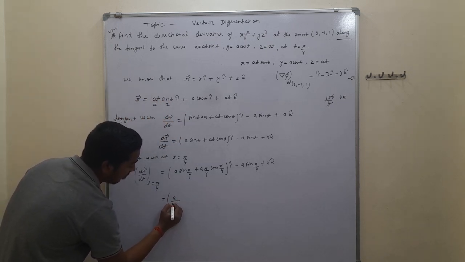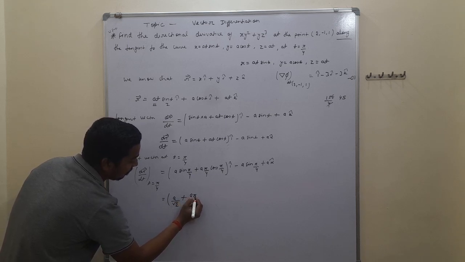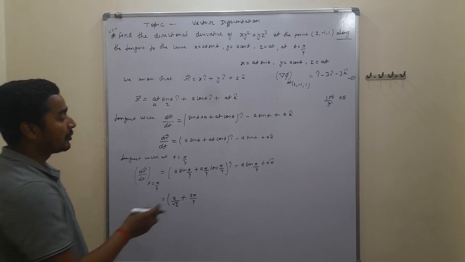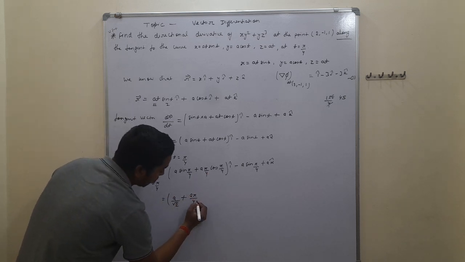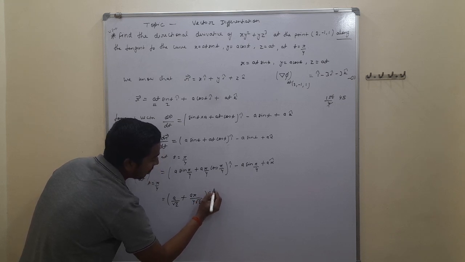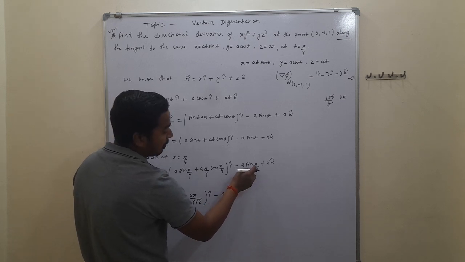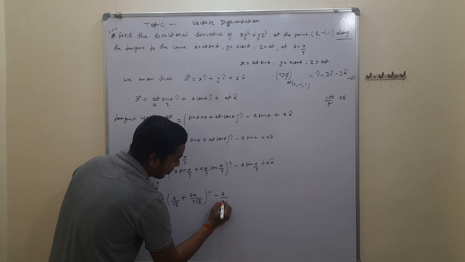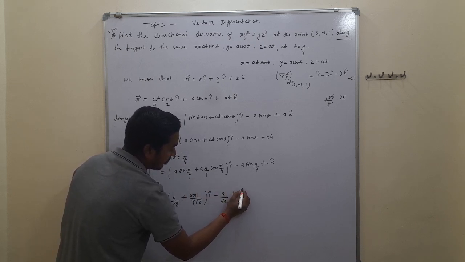So we write a upon root 2 plus a into pi upon 4, and we also know that the value of cos 45 is also 1 upon root 2. So we write 4 root 2, and this is i cap, and minus, here we put sin 45, the value is 1 upon root 2, so we write a upon root 2, plus a k cap.